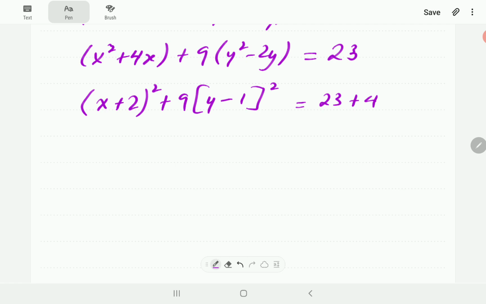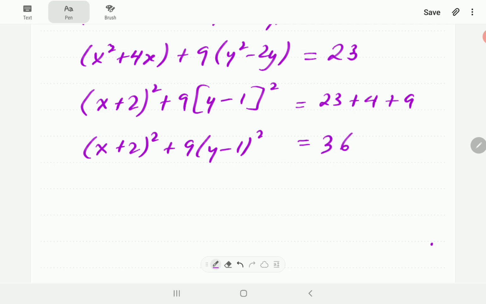Ordinarily we're supposed to add 1 this side, but everything inside here is multiplied by 9, so that means we add 9. Then that's going to be 36. So we have got x plus 2 all squared plus 9 times y minus 1 squared is 36.